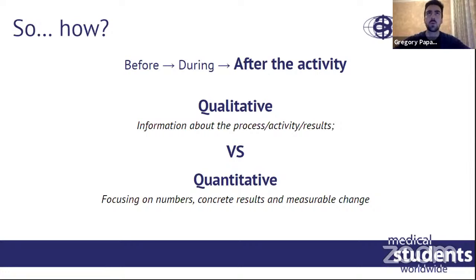You get qualitative results. And then you have quantitative, which focuses on numbers, on concrete results and measurable change. I wouldn't say that either the one or the other is more important. I would say that both of them are equally important. But let's see a few examples.